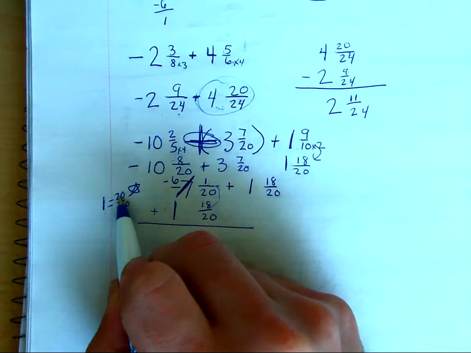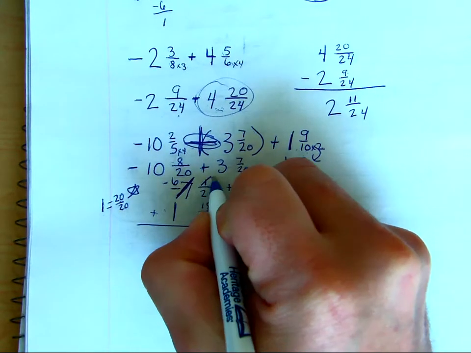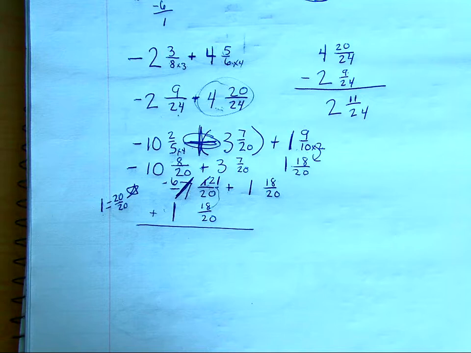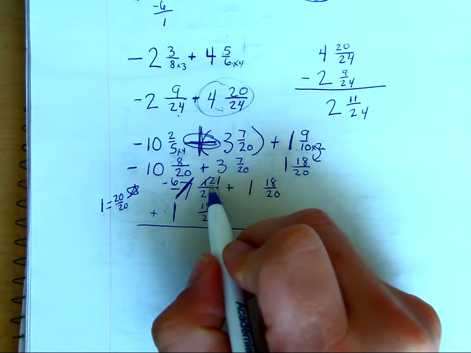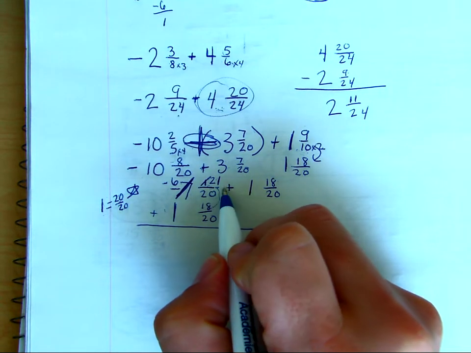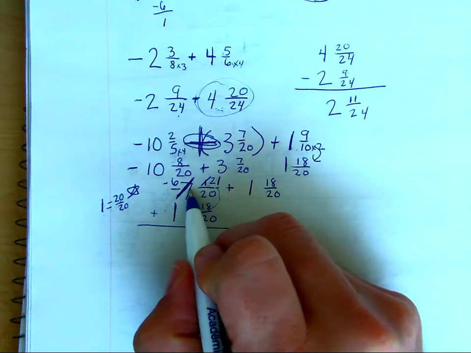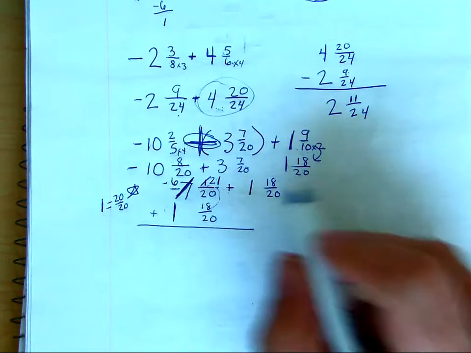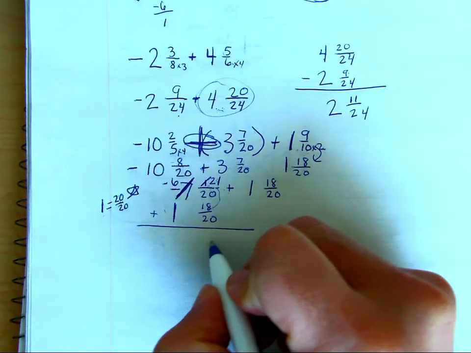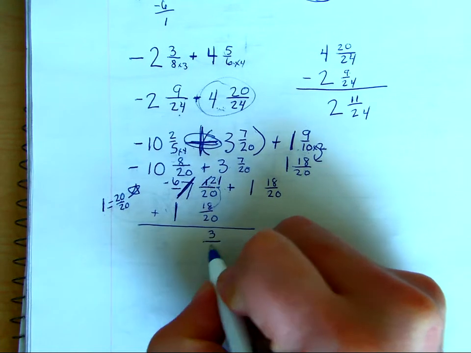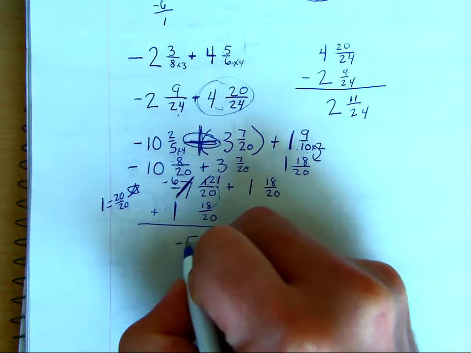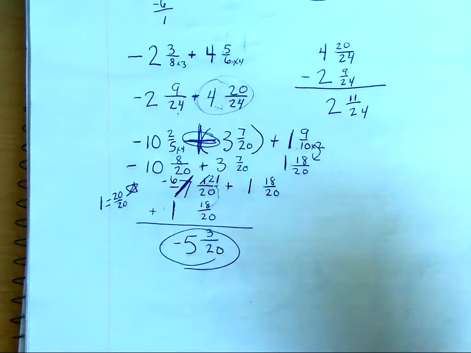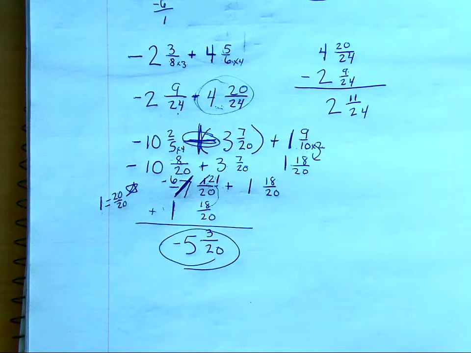So I would add 20 plus the 1 makes 21 here. 21 over 20. 21 divided by 20 would be 1 and 1/20 plus the 6 makes the 7. So it is equal. 21 minus 18 makes 3 out of 20. Negative 6 and a positive 1 makes a negative 5. So negative 5 and 3/20.